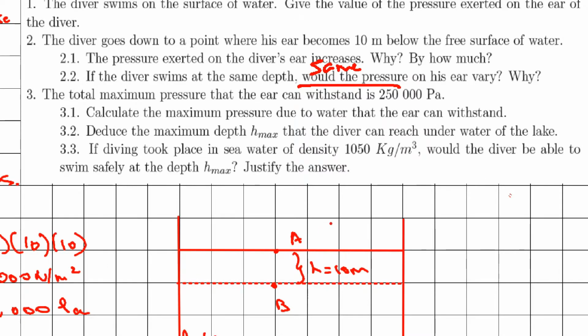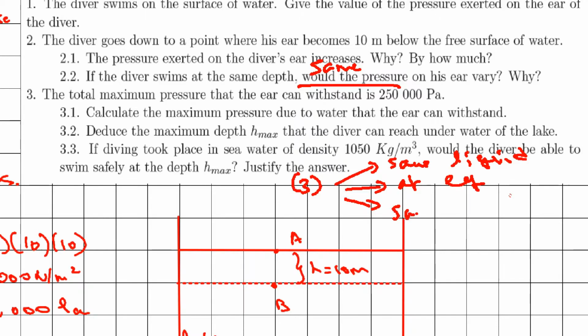So always such type of questions are answered using the rule of 3, which is given by same liquid at equilibrium, and either we say same pressure or same horizontal level.